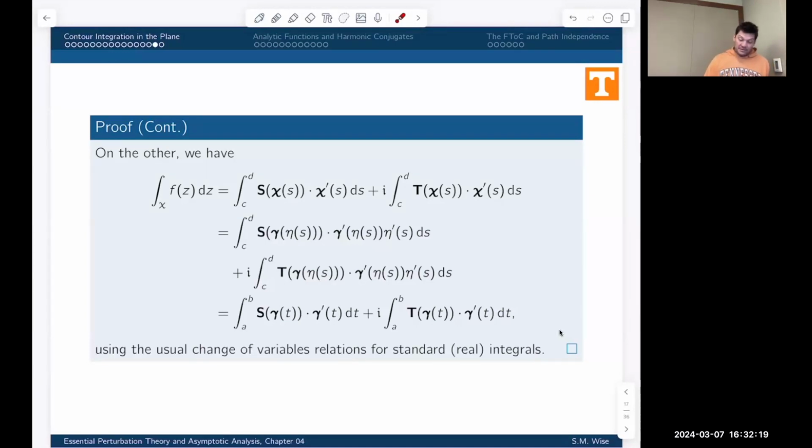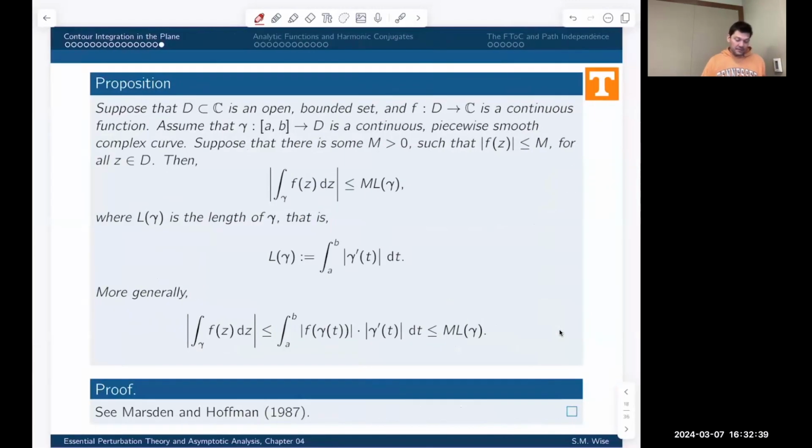Well, since they're valid, then we can go backwards and get to here. But of course, this is just equal to the regular integral of f of z dz. Okay? So we can change variables.